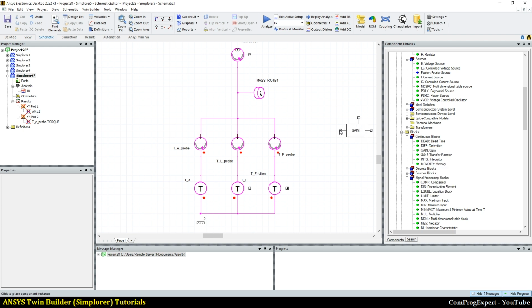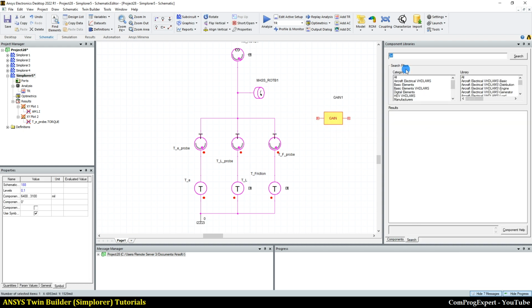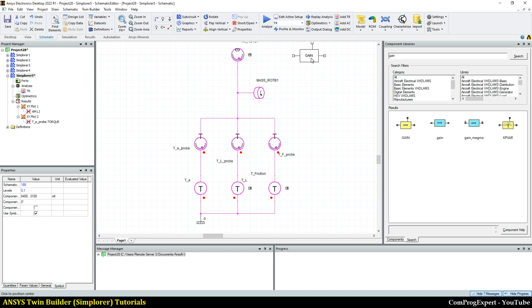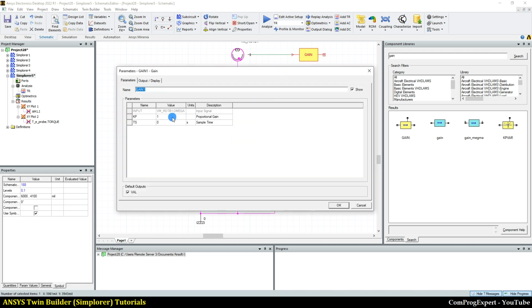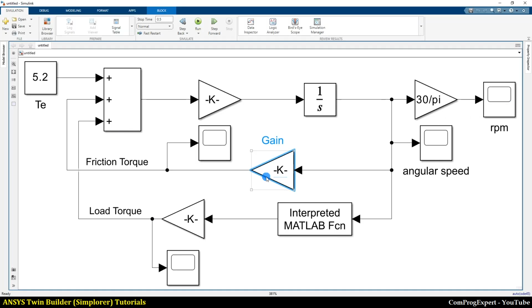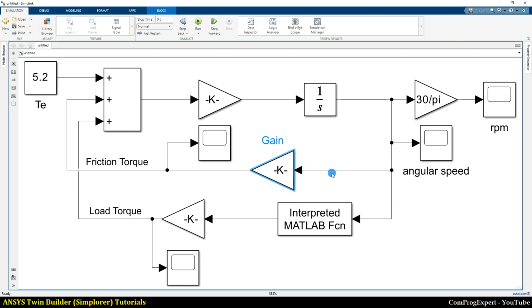Yes, here is the gain block. Also, you can search here for the gain to find the block faster. So yes, this is omega times this number, friction coefficient. We can calculate friction torque. Yes, here is the friction coefficient multiplied by omega.